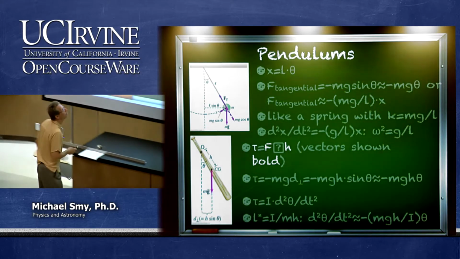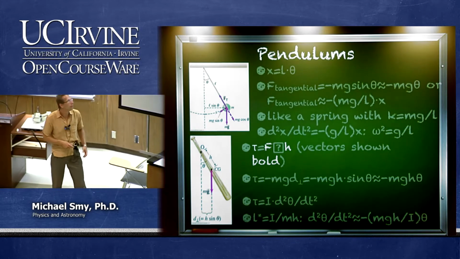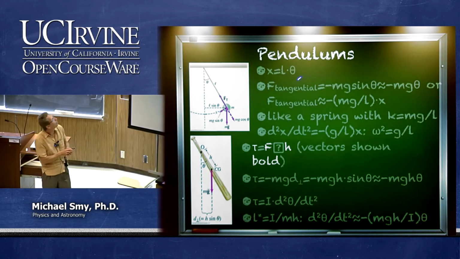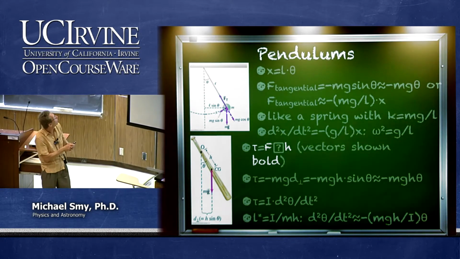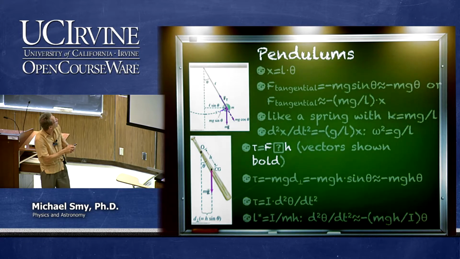So if we do make this approximation, then the tangential force, which is the restoring force going in this direction, splits up from the force of gravity. This is the force of gravity. And this is the restoring force.